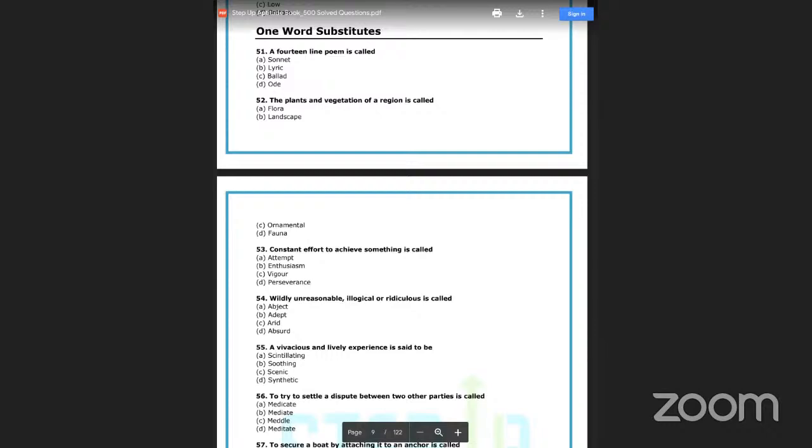Attempt is to try something. Okay, then next is vigor. Vigor means to do something with strength or aggressively.